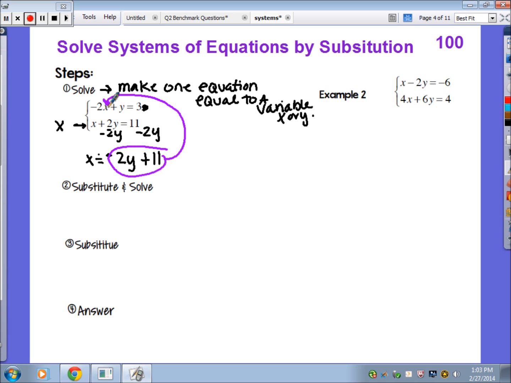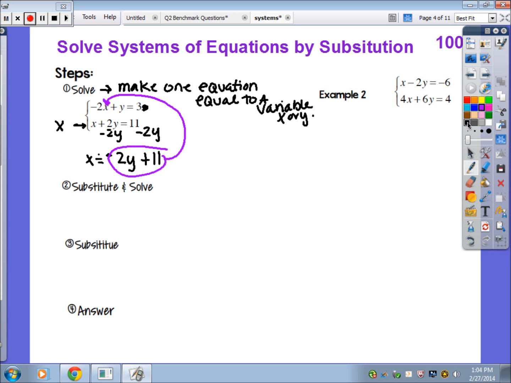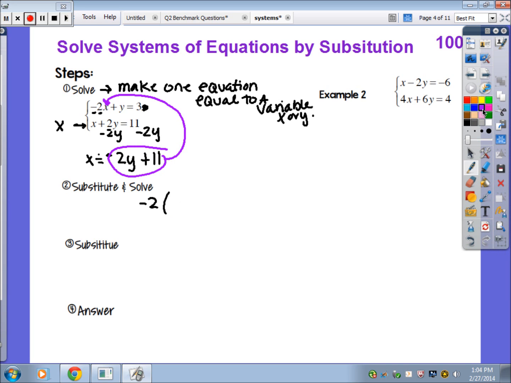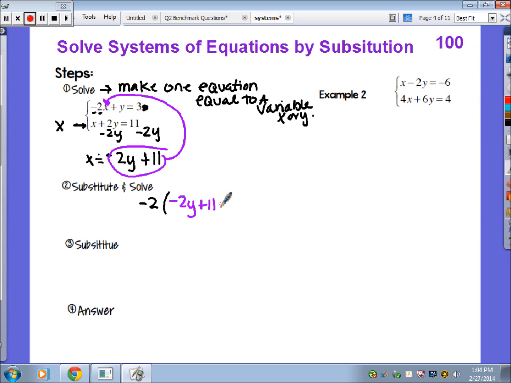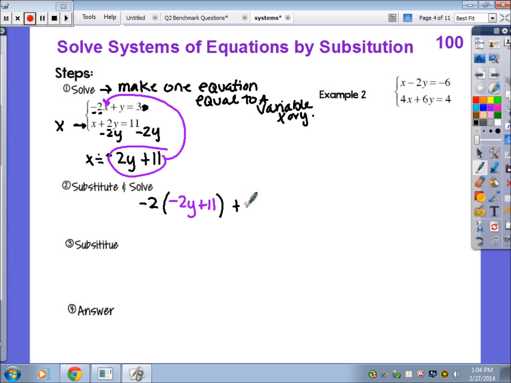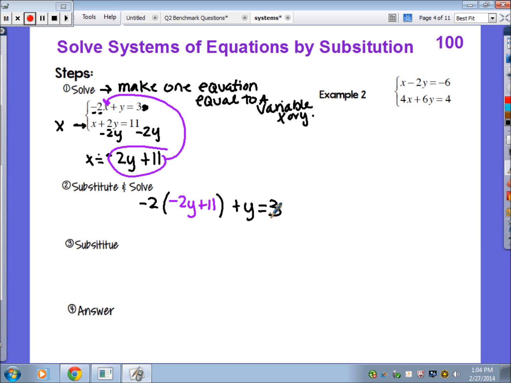Substitute and solve. So when we rewrite it, we're going to write the negative 2, and instead of the x, we're going to write negative 2y plus 11. And then we're going to go back and put plus y equals 3. We simply substitute in what we found x to be equal to into the equation.